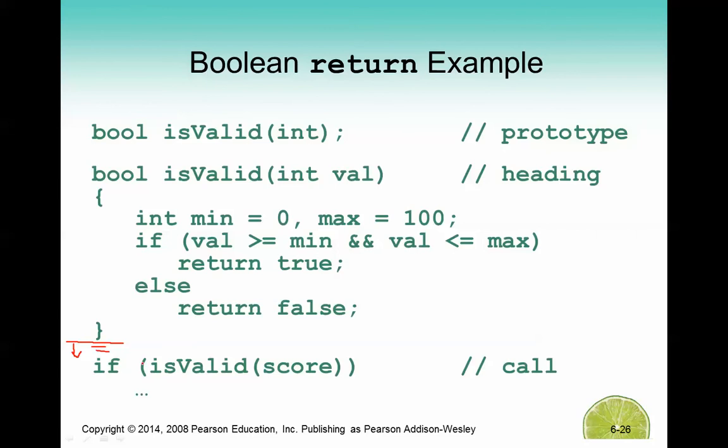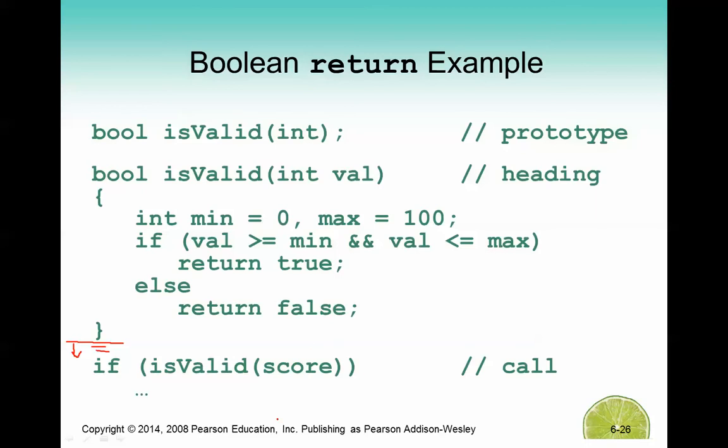Remember, we open the parentheses, and inside the parentheses we have the question, the condition. The result of that test is always true or false. If the answer to the question is true, the system is going to execute the true part of the if. If the answer is false, then the execution is transferred to the false part of the if.